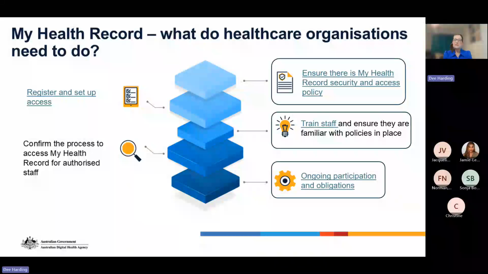So develop your policy in preparation for submitting your registration for My Health Record. You have to understand what your obligations are. There are 12 of them, so you need to go through those systematically and make sure that you've ticked them all off, that you've done all those particular tasks. And of course, you've got to train all the relevant staff in all of those steps.